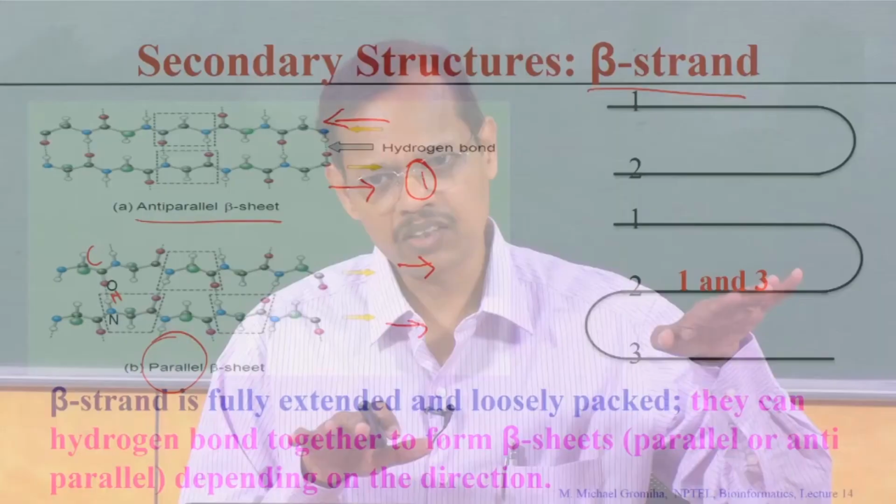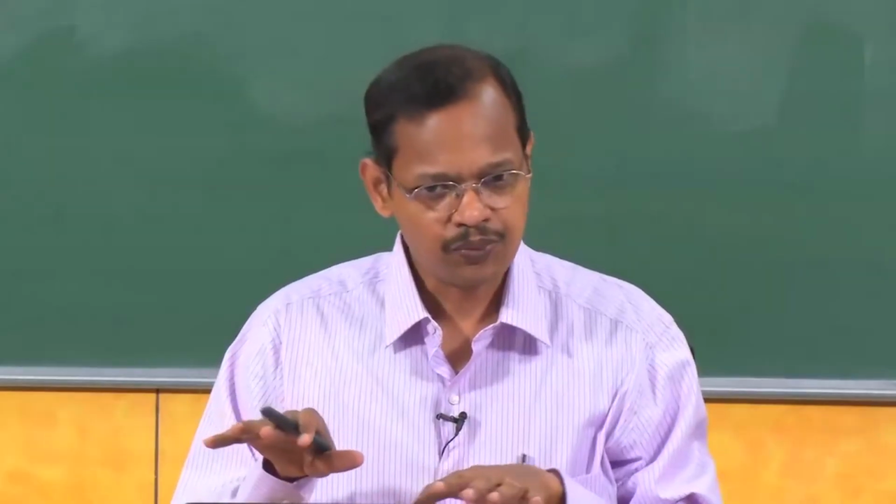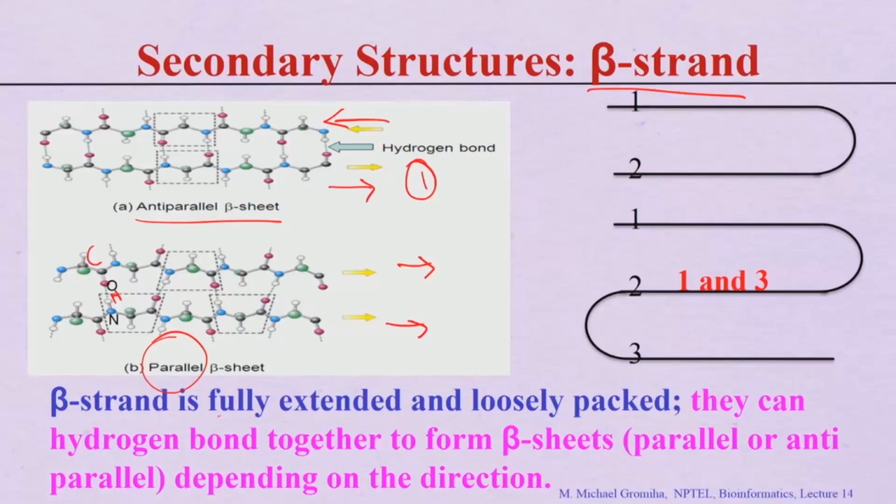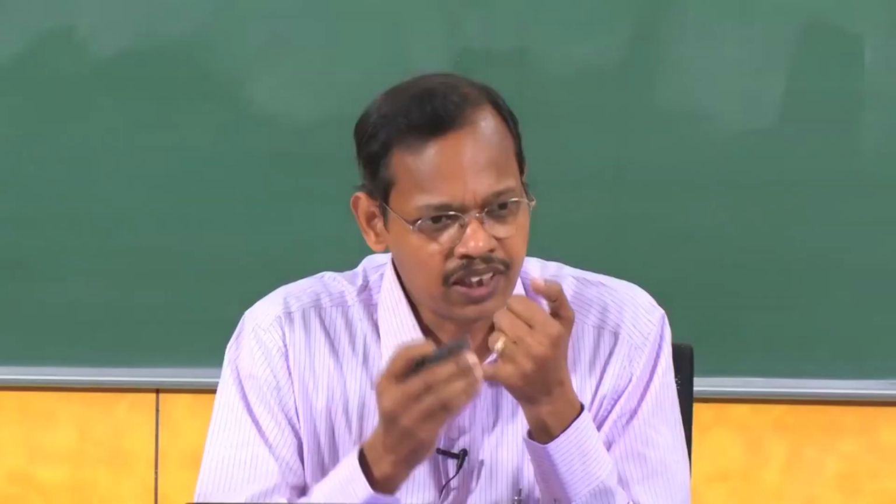So, if we compare the alpha helices and beta sheets, alpha helices are closely packed and the beta sheets are completely extended and loosely packed. They can form the hydrogen bonds together to form the beta sheets, either parallel or antiparallel depending on the direction. So, now we have discussed the alpha helices and beta strands, right.